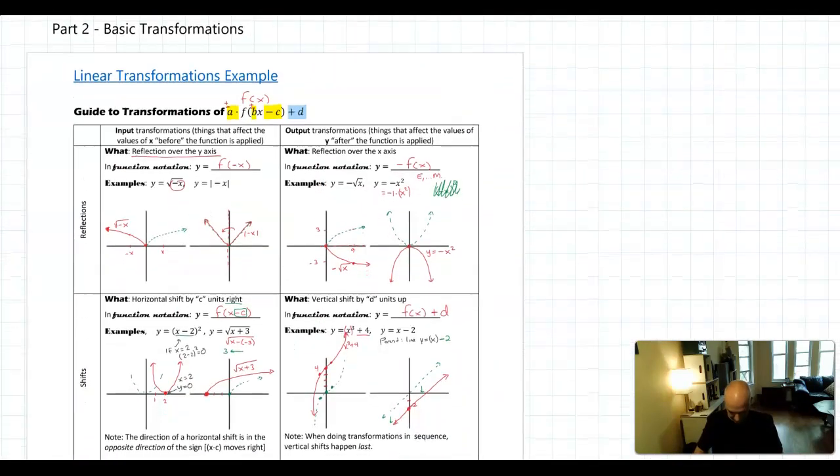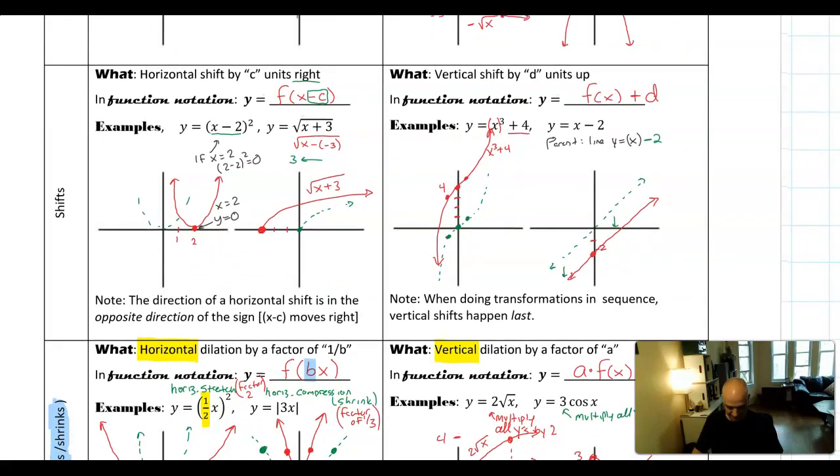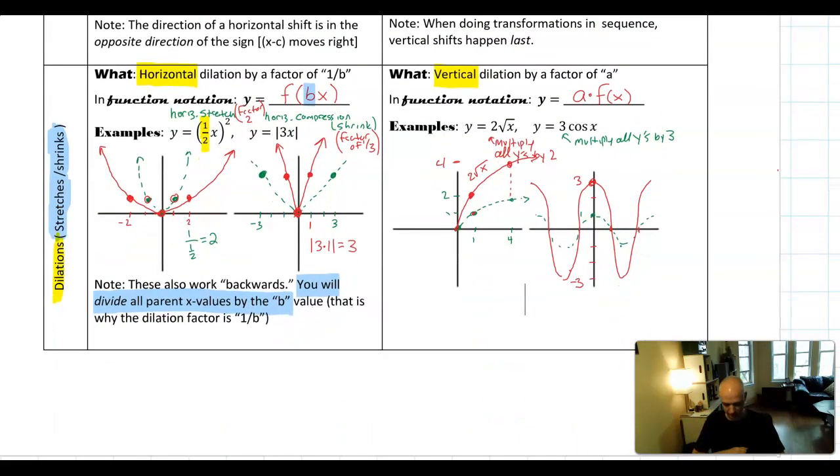Just to recap, we've looked at reflections, both over the y-axis and x-axis. We've looked at horizontal shifts and vertical shifts accomplished by adding or subtracting a number somewhere in the expression. And we've looked at horizontal and vertical dilations accomplished by multiplying a number somewhere in the expression.